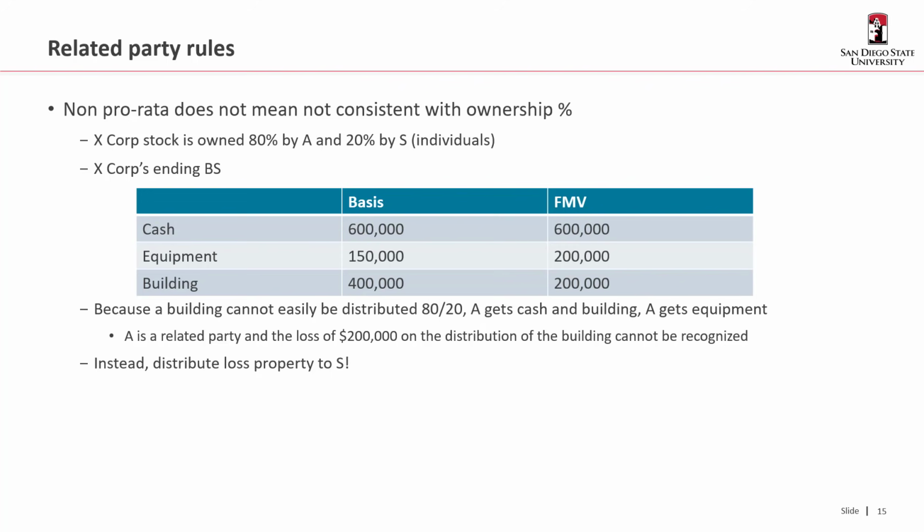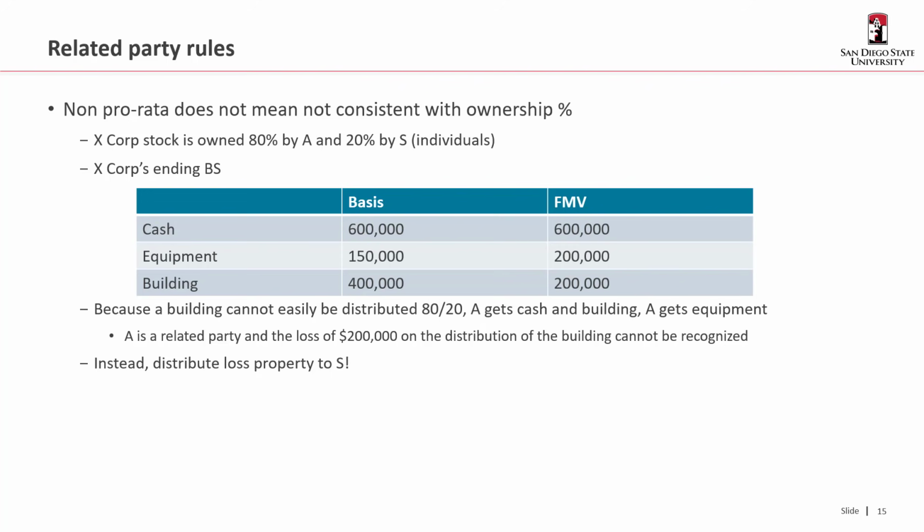All right. So again, non-pro rata, I feel like we already covered this one time, but maybe I'm just dreaming. Non-pro rata does not mean that it's not consistent with ownership percentage. So let's say X Corp stock is owned 80% by A and 20% by S. And X Corp's ending balance sheet has cash, equipment, and a building on it.